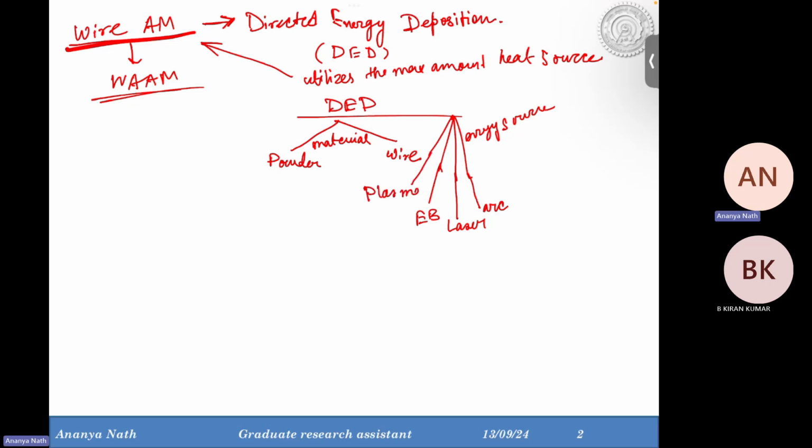So these are all different energy sources that are utilized under DED. So DED is the process which uses the maximum combination of heat source and material source.